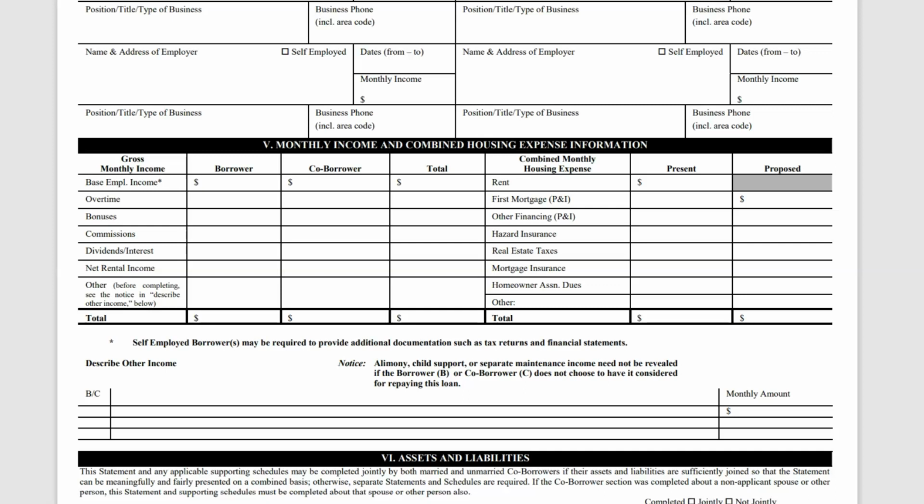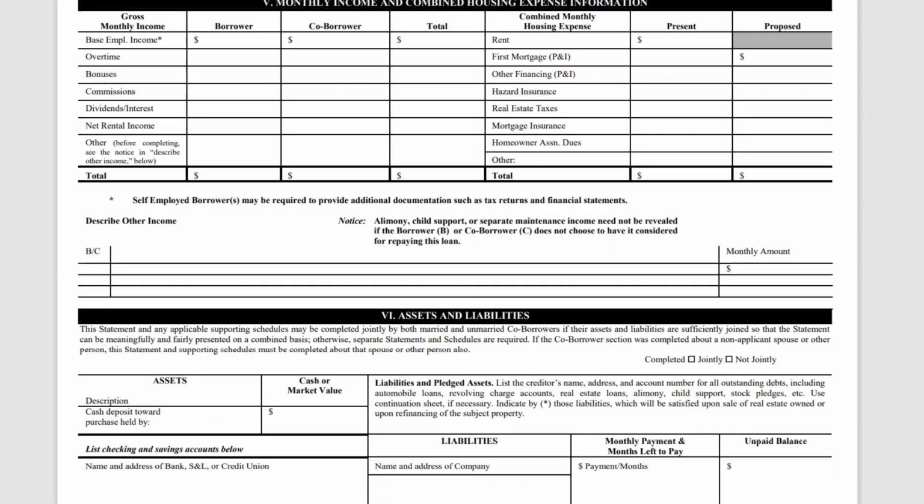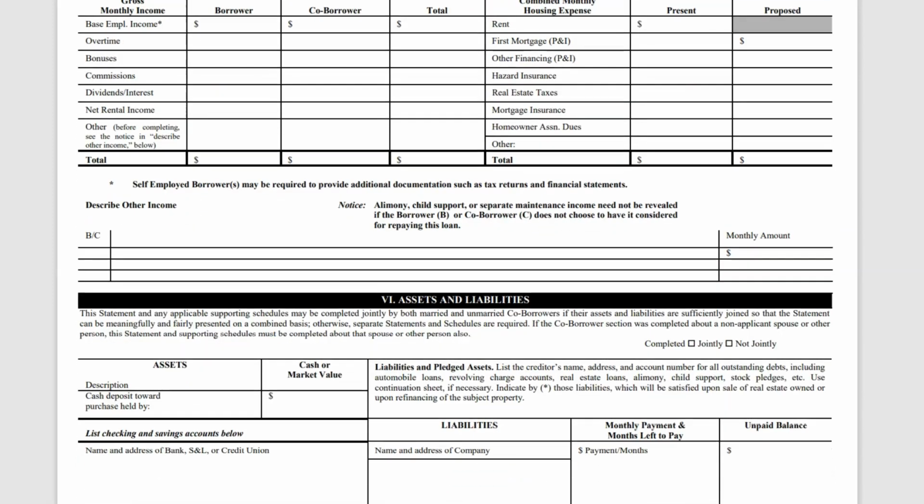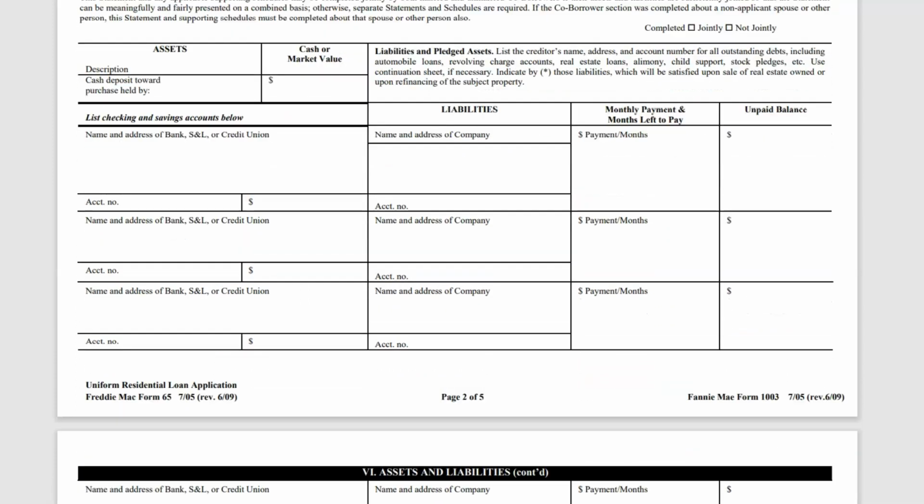Any bonuses? Are there any commissions? Anything that needs to be stated, you put it here. And if you're self-employed, you have to do some other items. Are you paying alimony? Are you getting child support? Are you paying child support? So those are additional things that you need to notate.